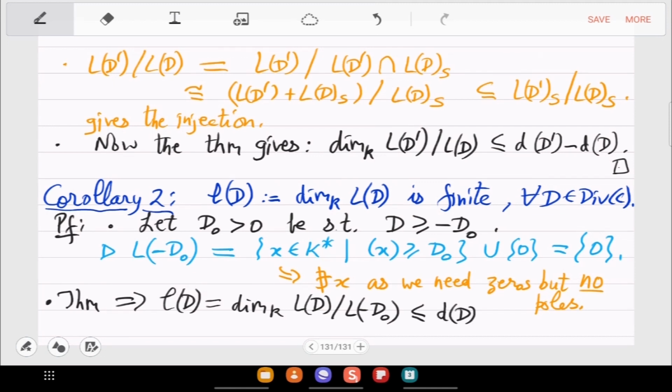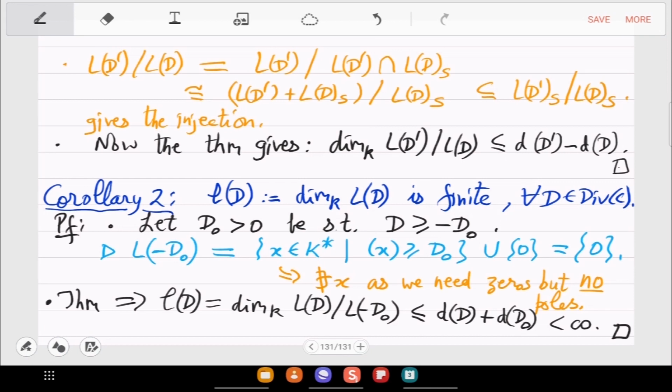Exactly, we will get an upper bound, so degree of d plus degree of d0. So that's finite. Is that clear? So that is ultimately the beautiful machinery which tells you that the LD sheaf is finite for all curves and for all divisors.